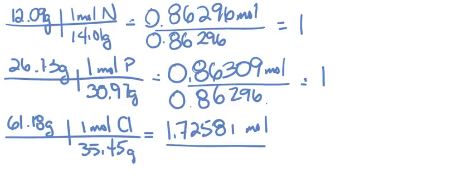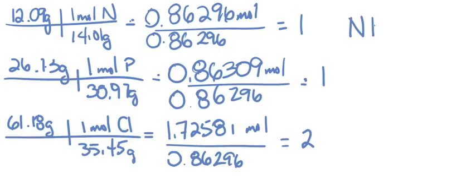And then down here, 1.72581 divided by 0.86296. So 1.998. Boy, this is an easy problem for you guys. I feel bad for you. So my empirical formula is NPCl2. That's my empirical formula.